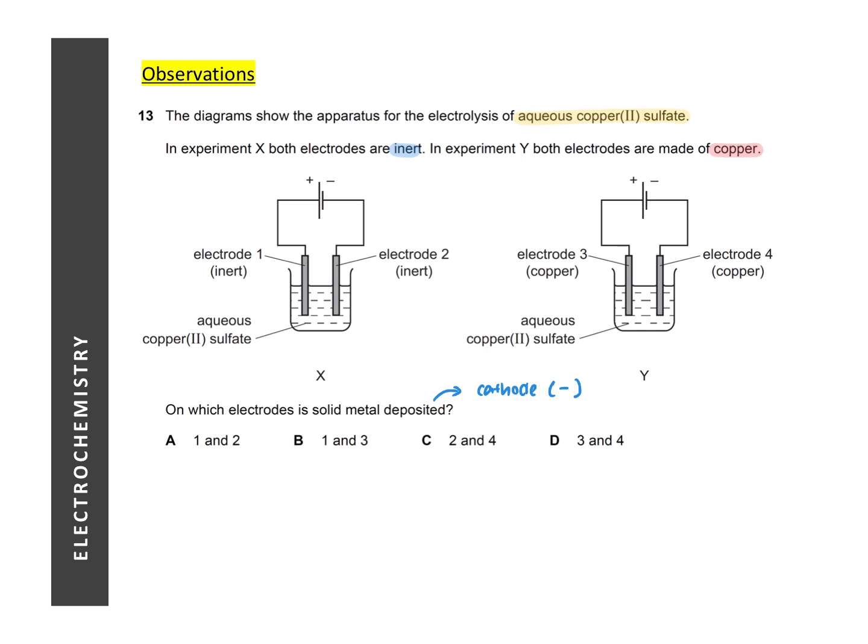And we just need to look for the negative electrodes, which are electrode 2 and electrode 4. So this is where the solid copper will be deposited onto the electrodes. So the answer is C.